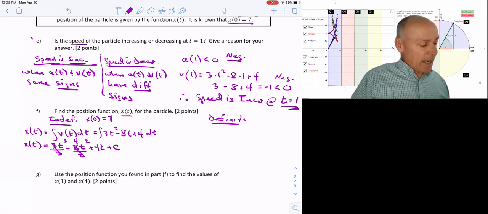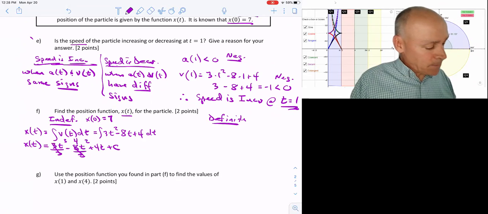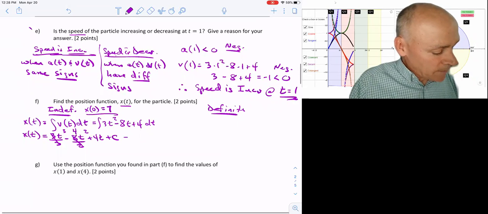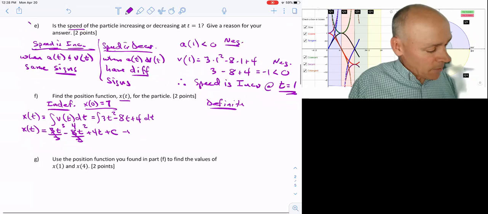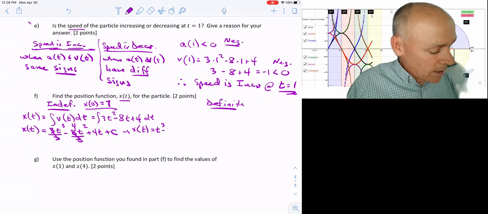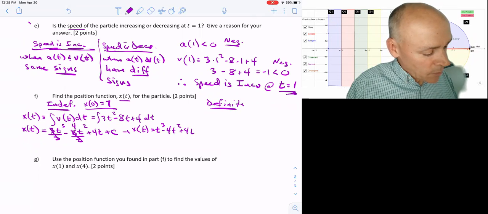Okay, now what I have to do is plug in my initial condition, x at 0 is equal to 7. I'm just going to rewrite this: x at t is equal to t cubed minus 4t squared plus 4t plus c.